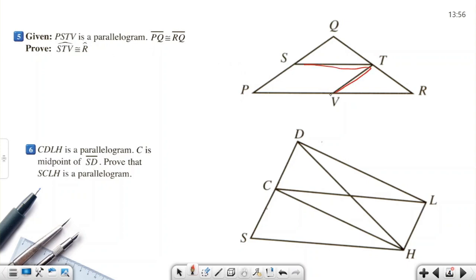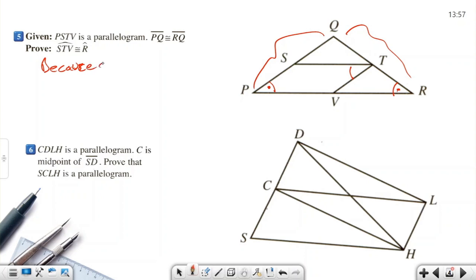Okay, let's see this question. It's a proof question, and read the question carefully here. PSTV, that's the shape here, is a parallelogram. This is the first given, and PQ and RQ are congruent, so that's an isosceles triangle. If it's an isosceles triangle, I can say angle P is congruent with angle R. So this is easy. So what is the question? Show that angle STV is congruent with R. So STV is here.